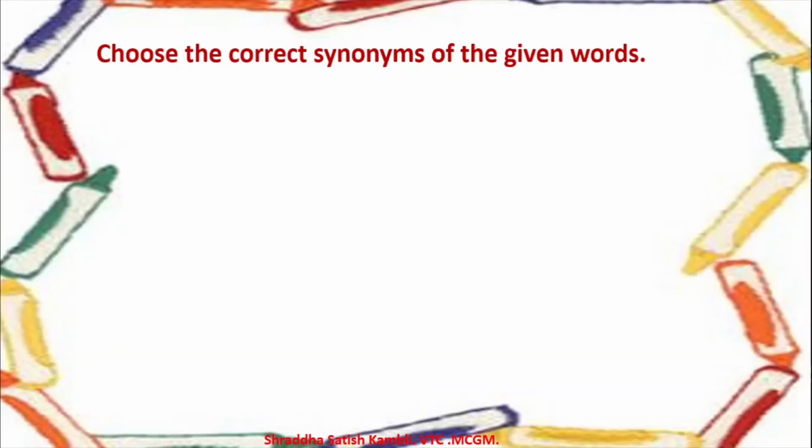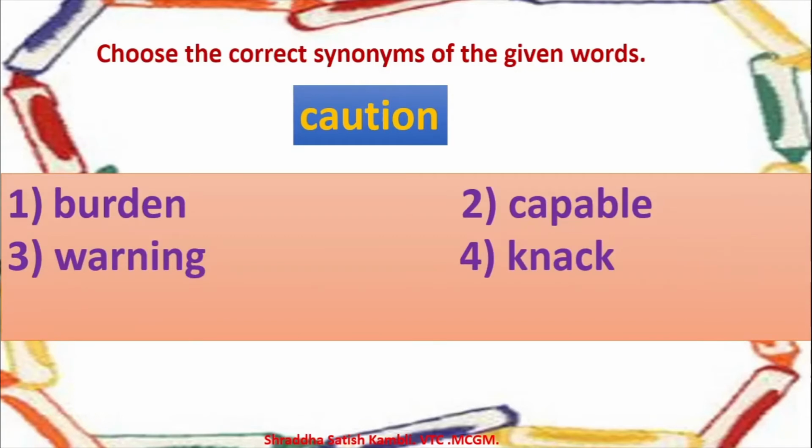Let us go to the 3rd example here. Choose the correct synonyms of the given words. So you have the word caution. Okay, so what could be the meaning of caution? So is it burden? Is it capable? Is it warning or knack?